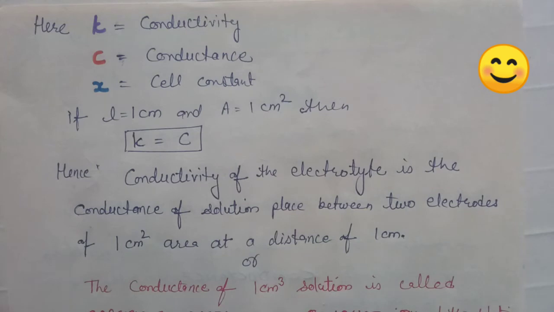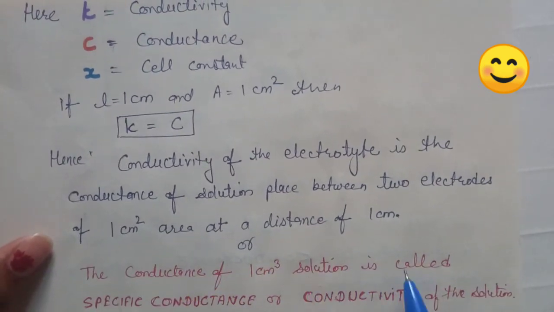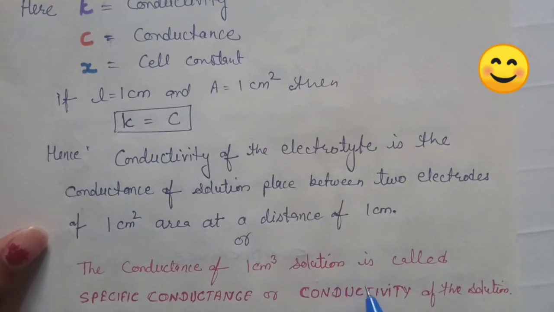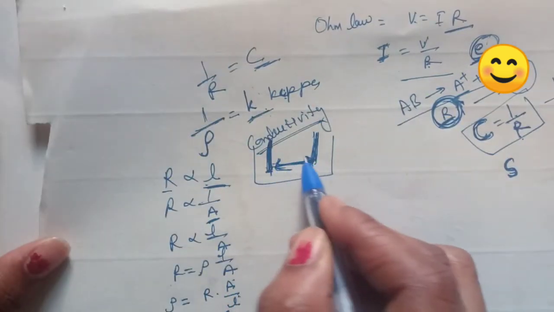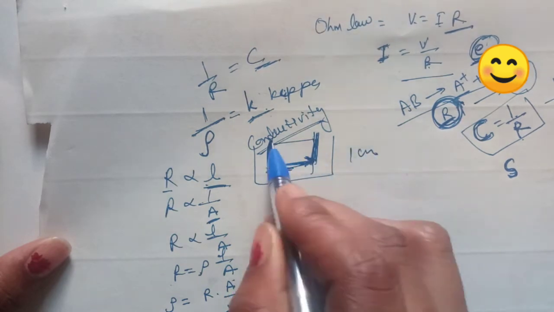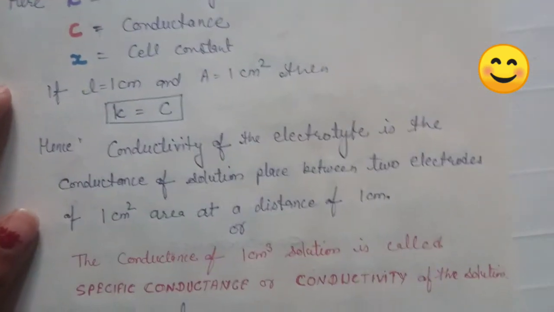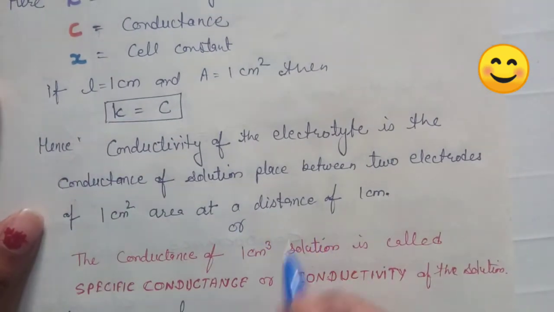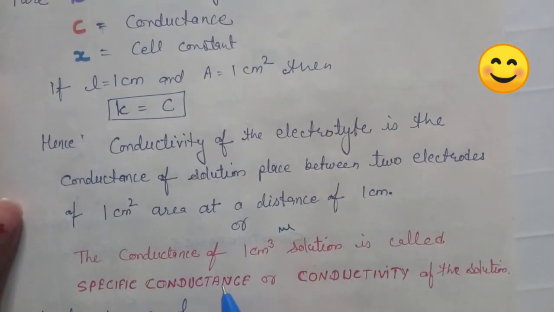Or we can say the conductivity of 1 centimeter cube solution is called the specific conductance or conductivity of the solution. 1 centimeter means, see, this is the unit distance and the cross section of this is 1 centimeter square. The total volume between the electrodes will be 1 centimeter cube. So we can say the conductance of 1 centimeter cube solution, or 1 centimeter cube means 1 ml, is called specific conductance or conductivity of the solution.